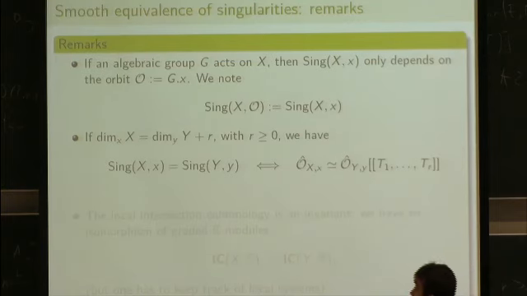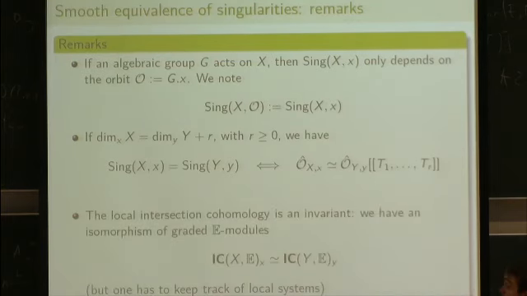And so what does it tell you, for example? If you know the local intersection homology of one singularity, it will be the same for the other one. The only thing is, that's at a point, and if you are interested in the strata and the local systems, then you have to work more.